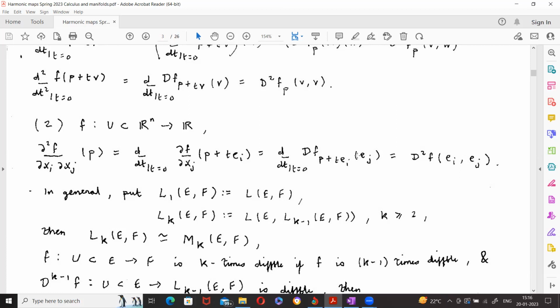So this becomes d/dt at t equal to 0 of df of p plus t ei applied to ej. But by the computation we did above, this is nothing but d squared f at the point p applied to ei comma ej. Is that clear?